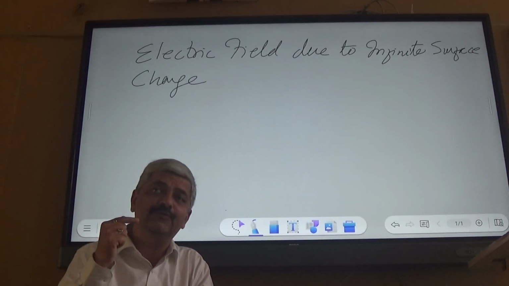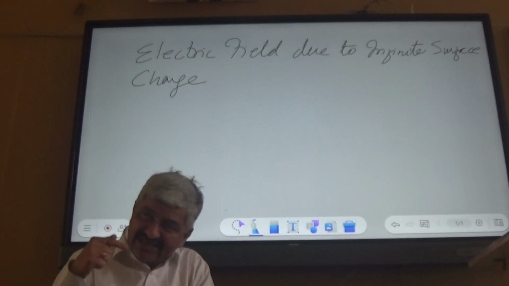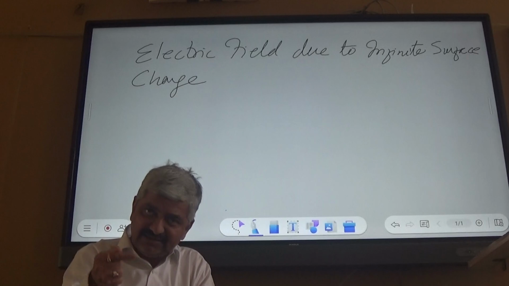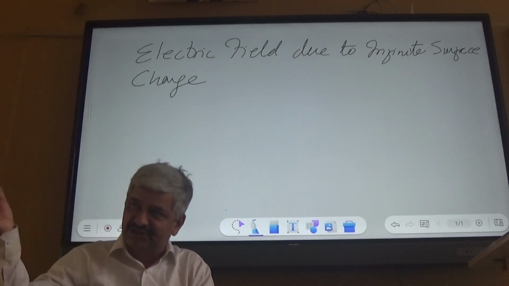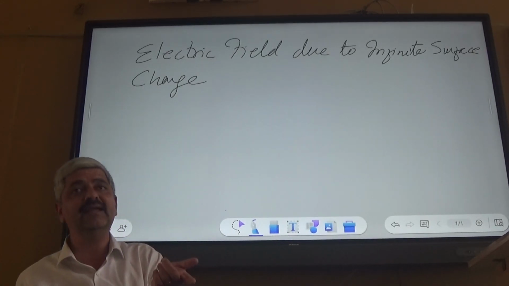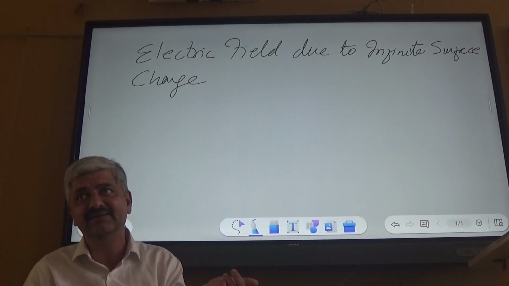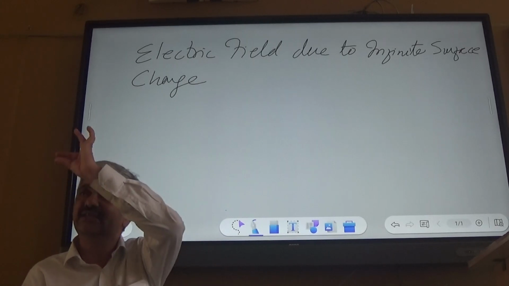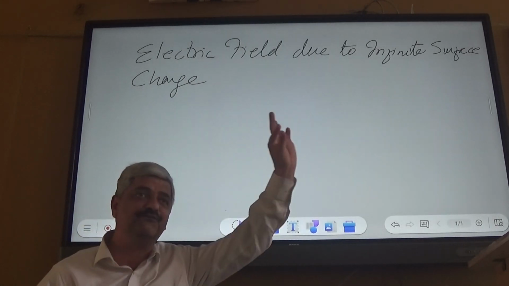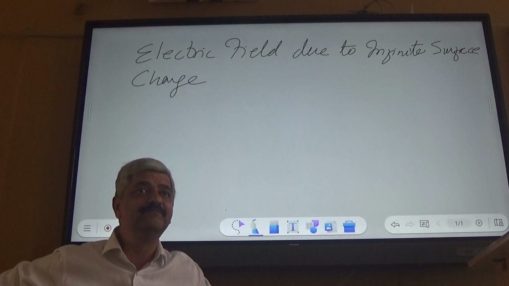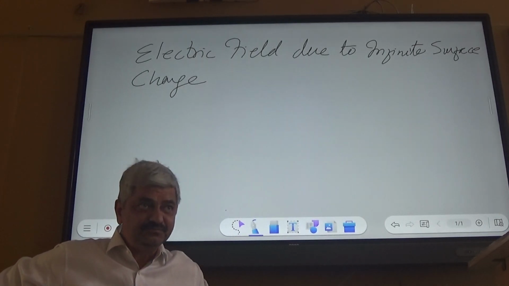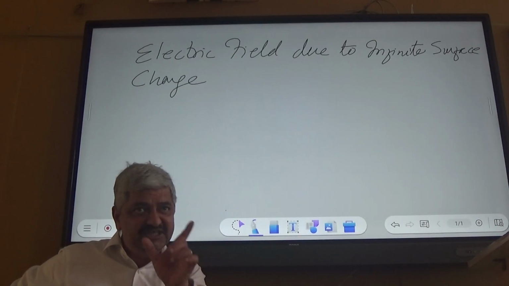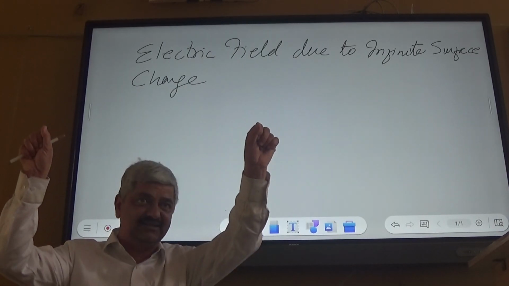So if rho s is the surface charge density, and I consider the surface to be made up of strips, what would be the approximated linear charge density over the small strip of width delta y?